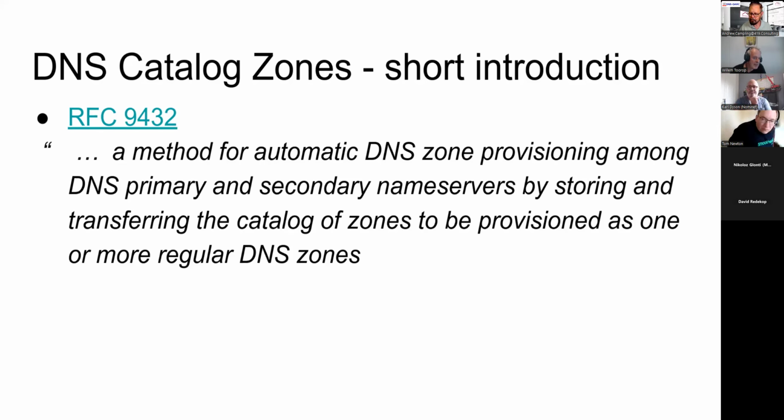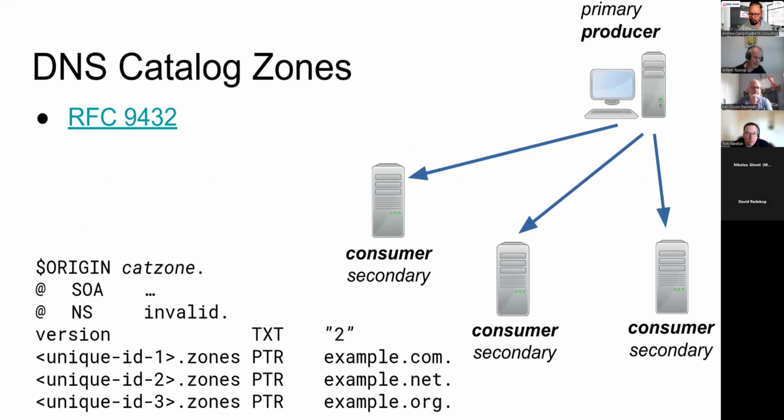Catalog zones is a method for automatic DNS zone provisioning among DNS primary and secondary name servers by storing and transferring the catalog of zones to be provisioned as one or more regular DNS zones. So what does that mean exactly? It means you have a zone, and within that zone is a list of zones. That's the configuration that tells the secondaries which zones to serve.